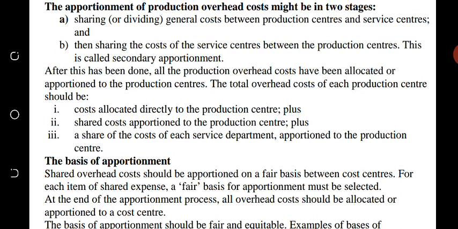This is called secondary apportionment. That means after you've shared the particular cost to production and service centers, you now reapportion the service department's total cost to the production department. So this is what we will talk about in our next class.